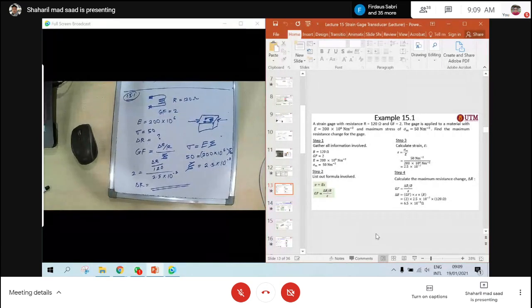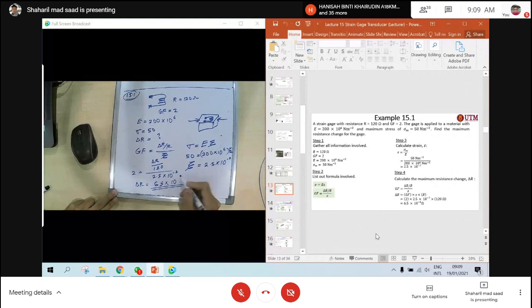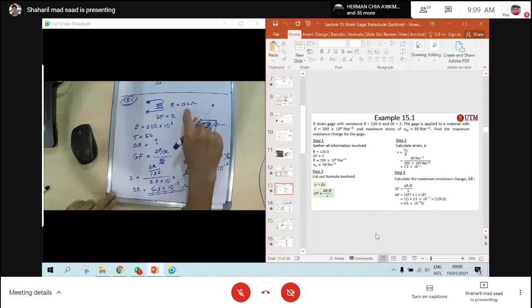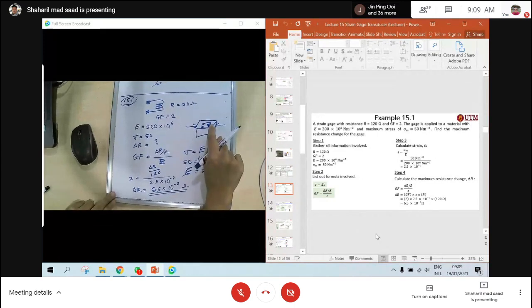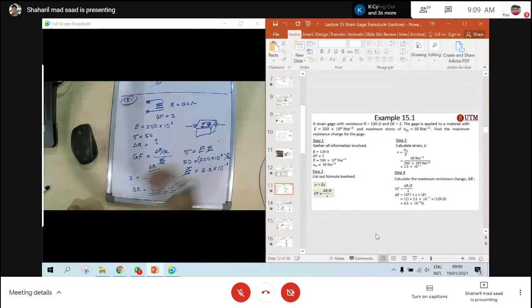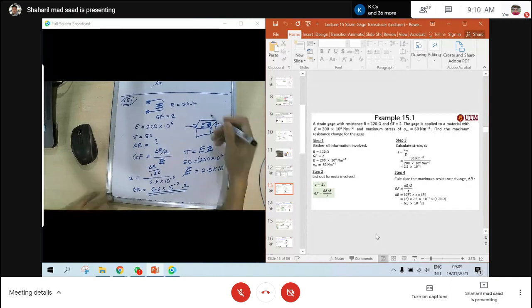So you get 6.5 times 10 power of minus 5 ohm. The initial value for the strain gauge applied on this material is about 120 ohm.